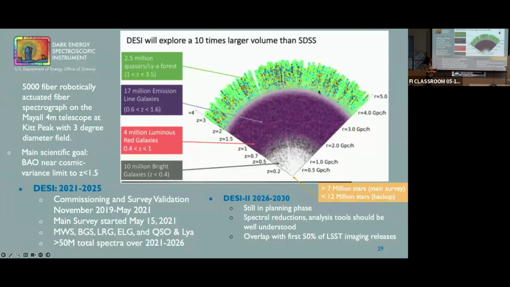There's lots of data which is already public, but in the end, we expect to get about 7 million stellar spectra, and all the stellar spectra in the main program are for stars which have been observed with Gaia. It goes out to 19.5 magnitude. There are some additional stars which go down to as faint as 20.5 magnitudes.